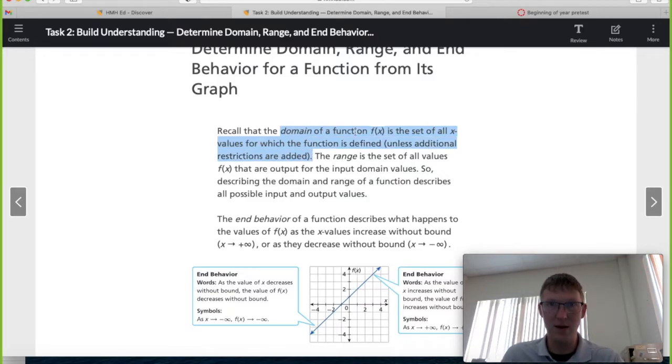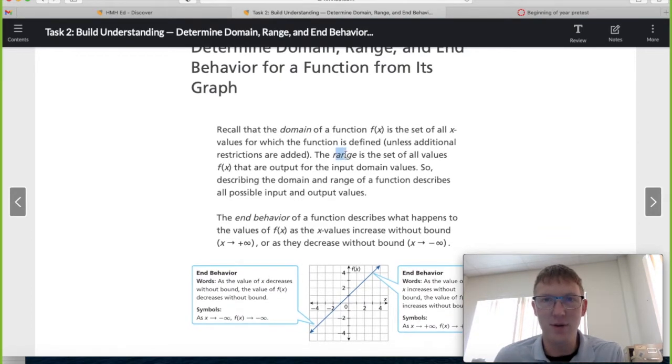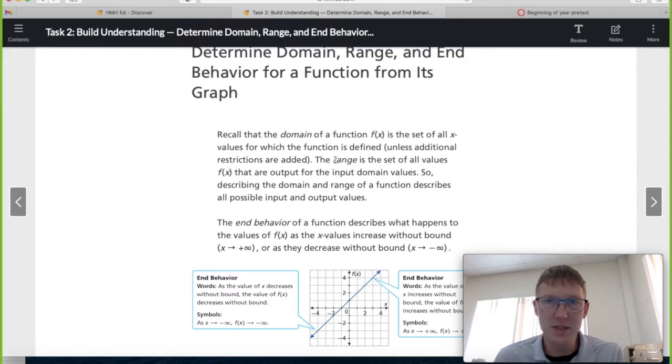So the domain of the function is all the set of x values. So domain, x values. If you haven't figured it out, I'm trying to give you a hint.